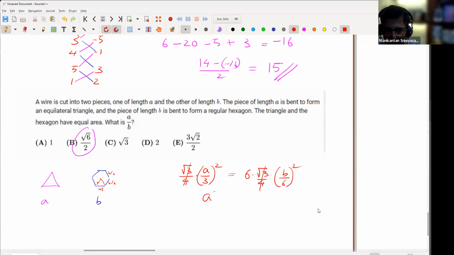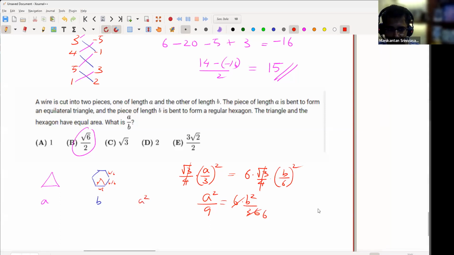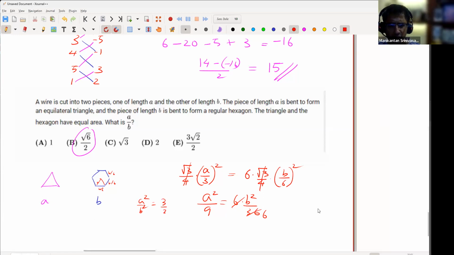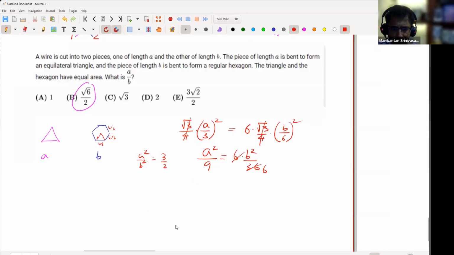So I have A square by 9 equal to 6 times B square by 36. He wants A by B, so let's write A square by B square, which is 9/6, which is 3/2. Which means A by B is √3/√2.